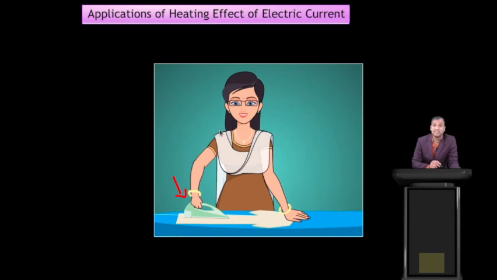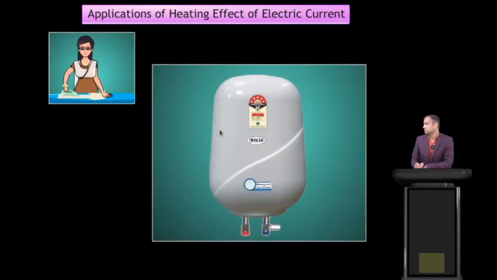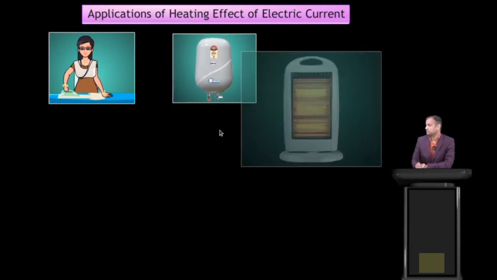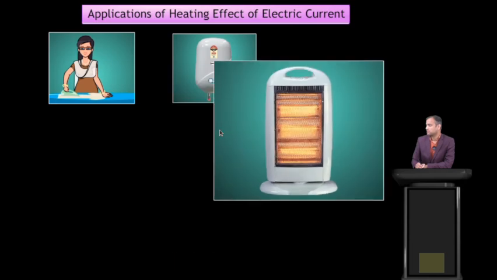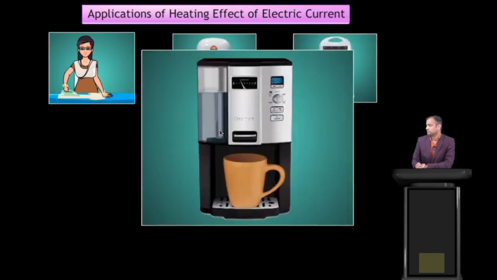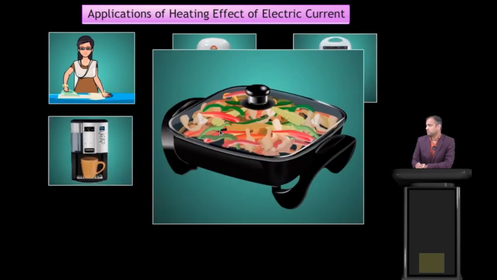With the help of electricity it produces heat and then she can iron the clothes. Again, a water heater is used to heat the water. There is a room heater, a coffee maker. All these appliances use heat to give us useful work.